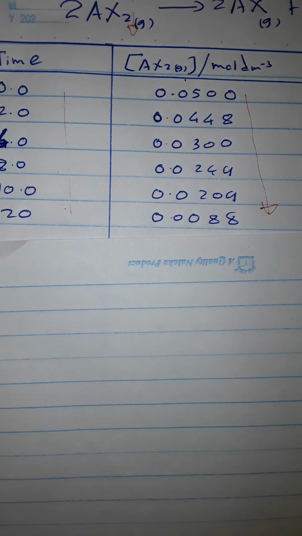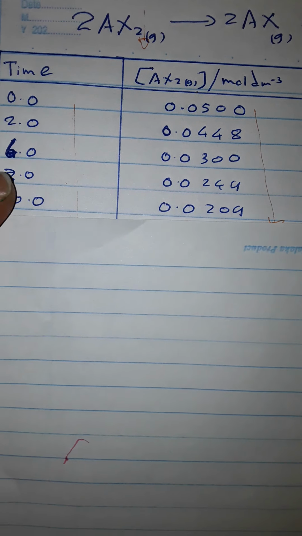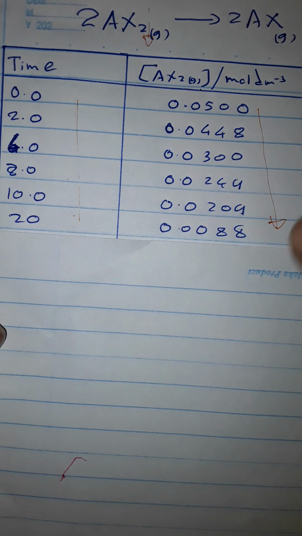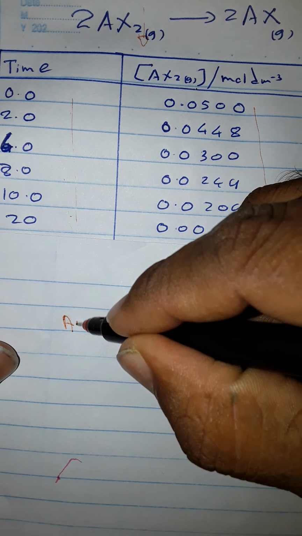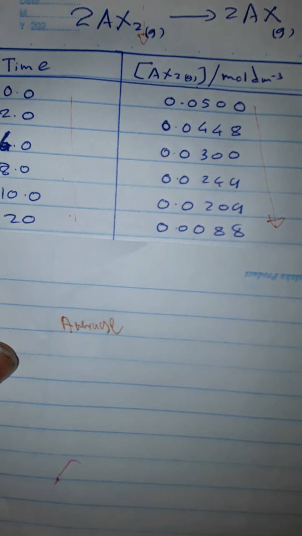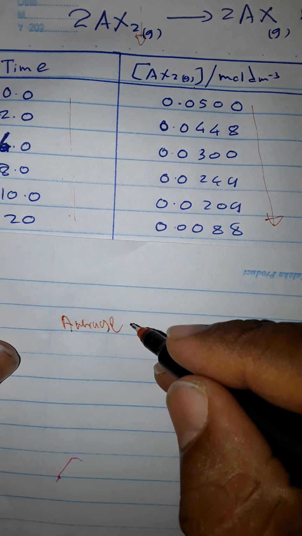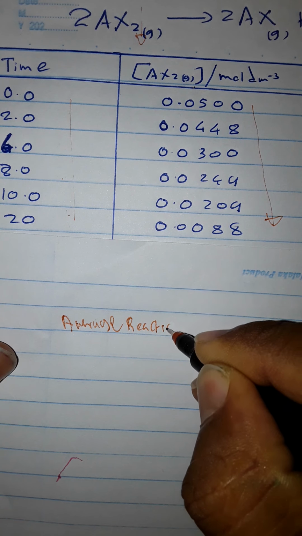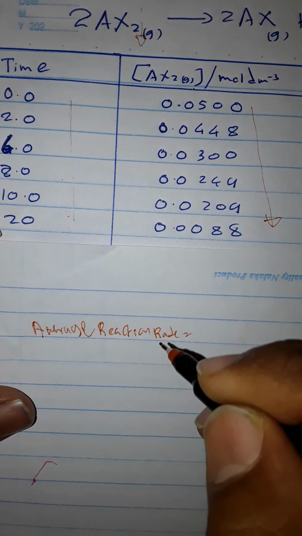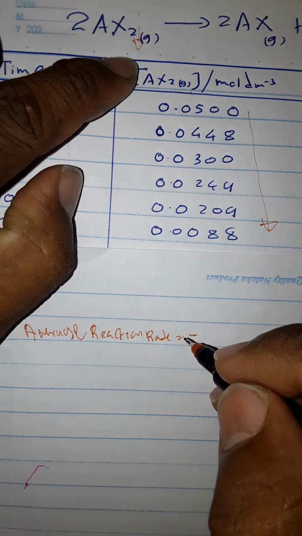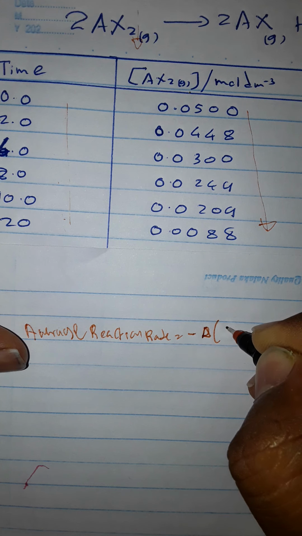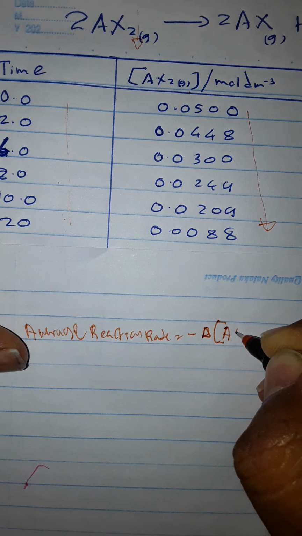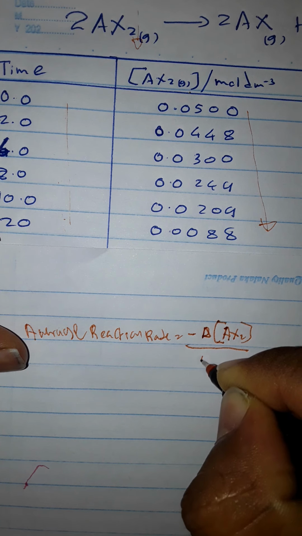So the average reaction rate equals minus, because this concentration is decreasing, minus delta, the change of concentration of AX2, divided by delta T.